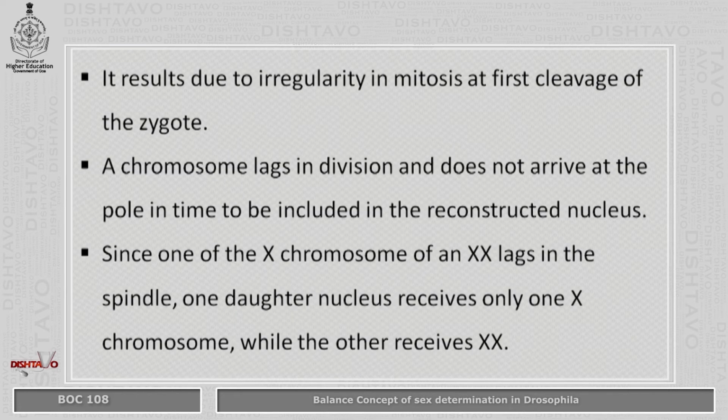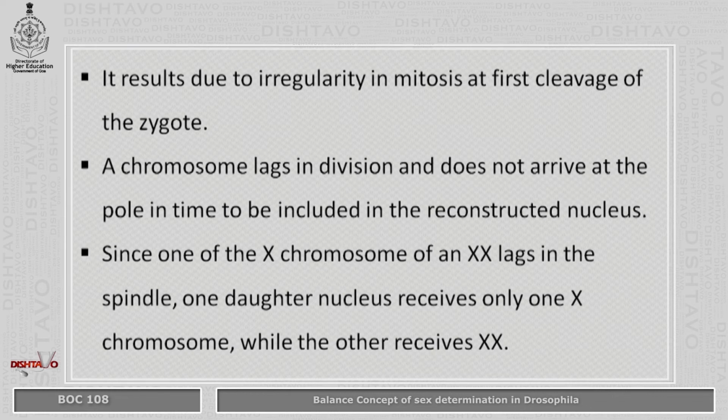Now, this gynandromorphy results due to irregularity in mitosis at the first cleavage of the zygote. A chromosome lags in division and does not arrive at the pole in time to be included in the newly formed daughter nuclei.